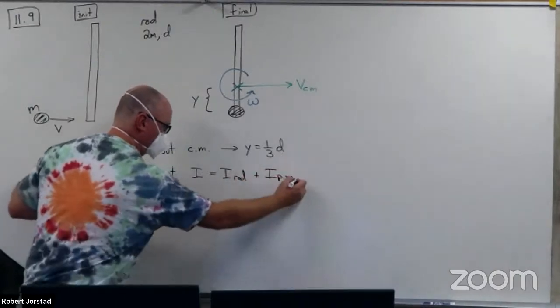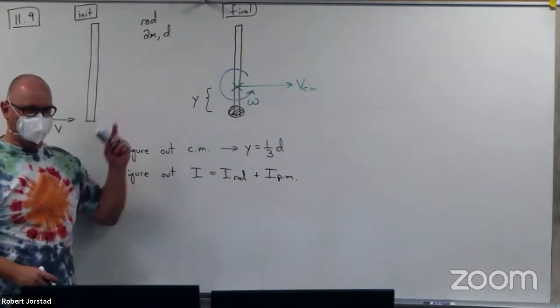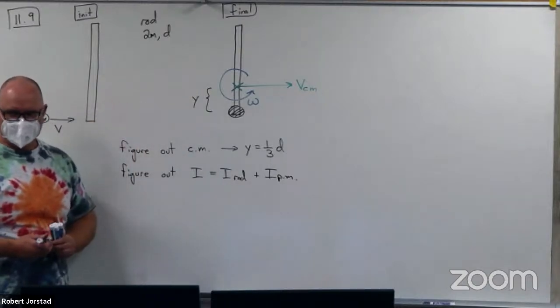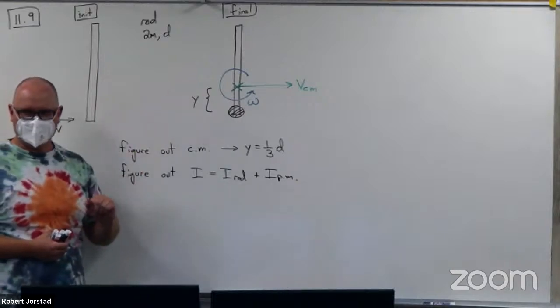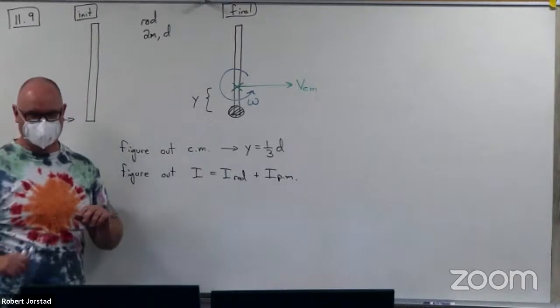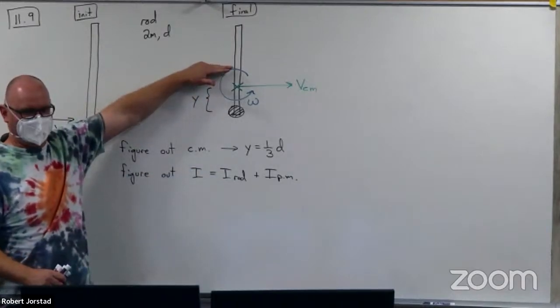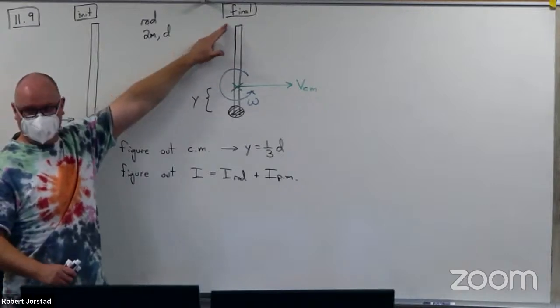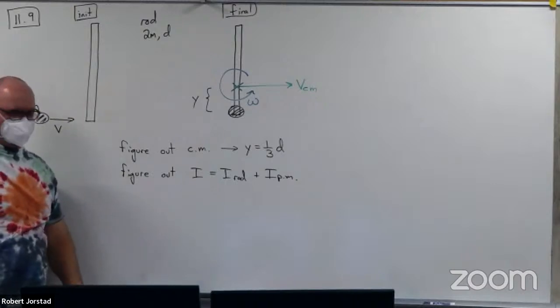That's still true. But notice, is the rod 1/3 or 1/12? Which one is it in this figure? Neither. 1/12 is if it's at its center, 1/3 if it's at the end. This is neither one of those. Do you agree? That's why he was saying use the parallel axis.